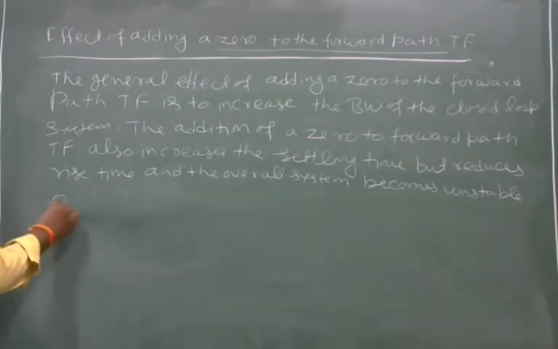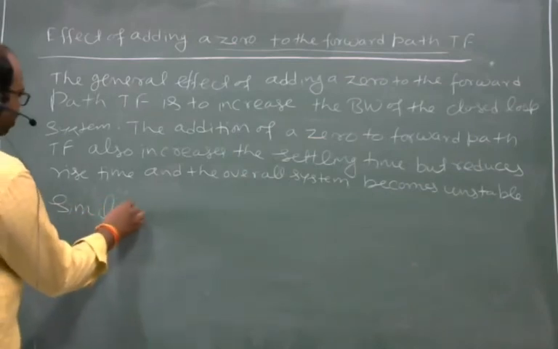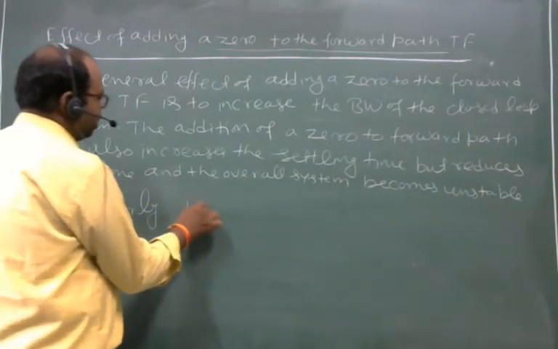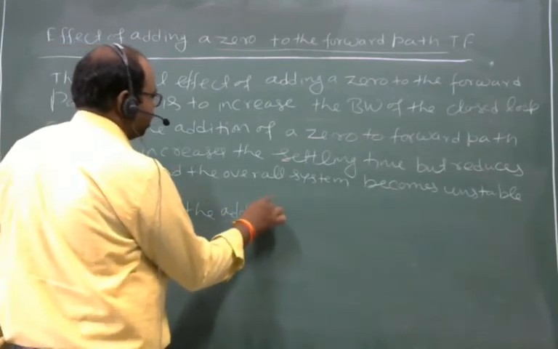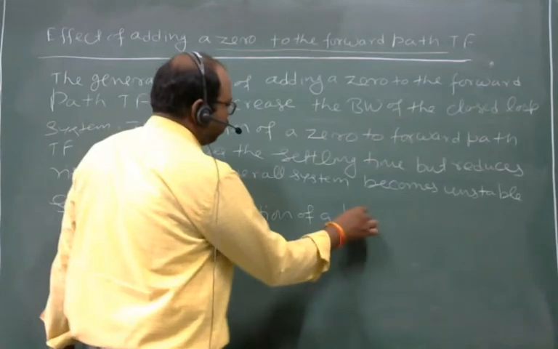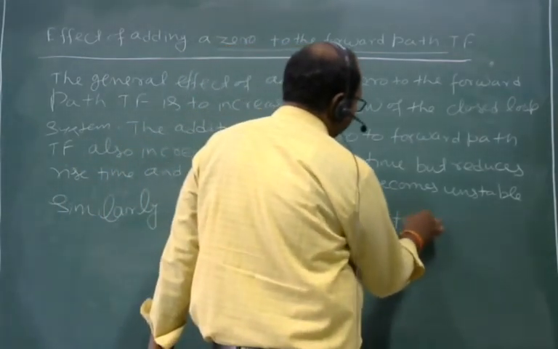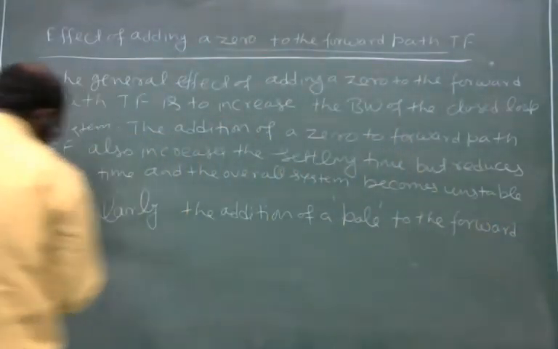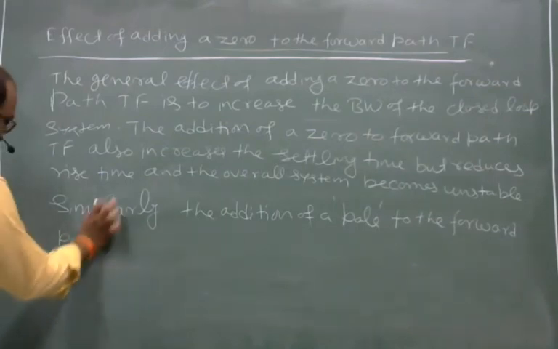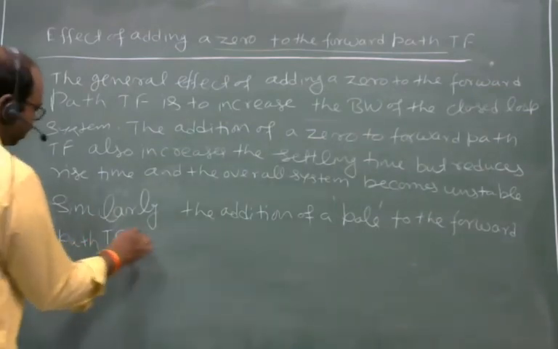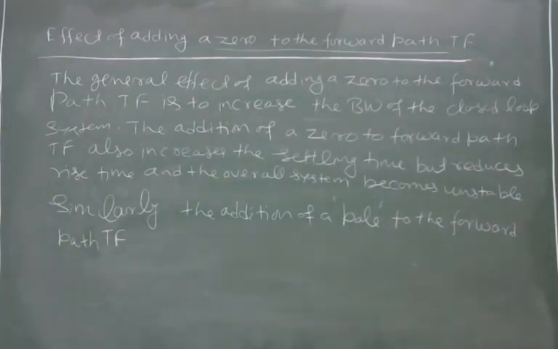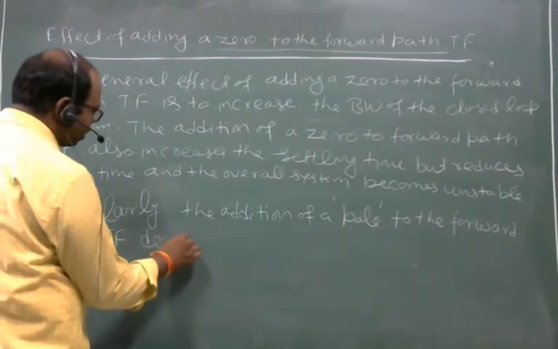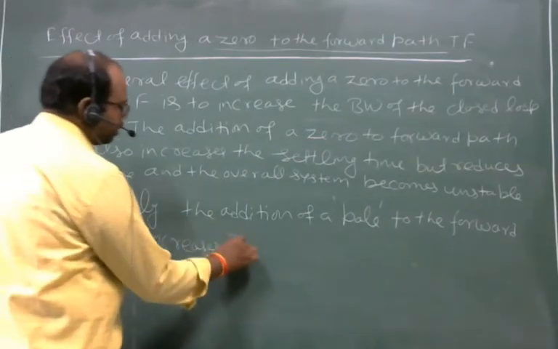Similarly, adding a pole to the forward path transfer function decreases the bandwidth.